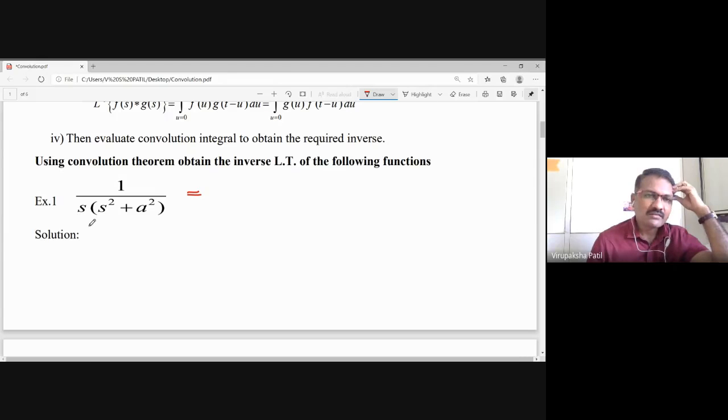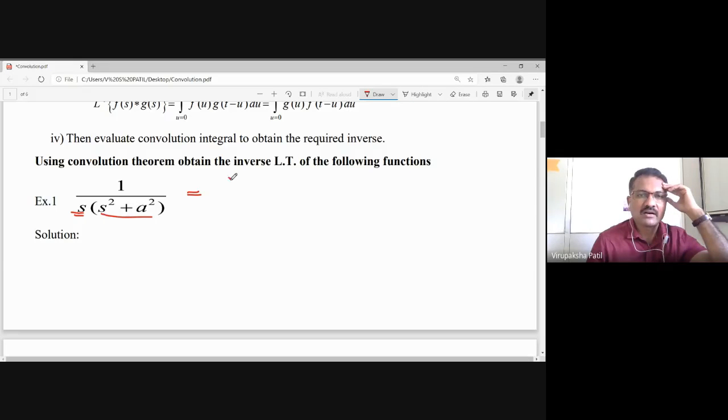If you want to use the partial fraction method, you have to concentrate on the denominator. Of course it is a proper fraction. Two factors are there: s, and s square plus a square. This is s minus 0 raised to 1, which is a linear factor, and this is a non-factorable factor.